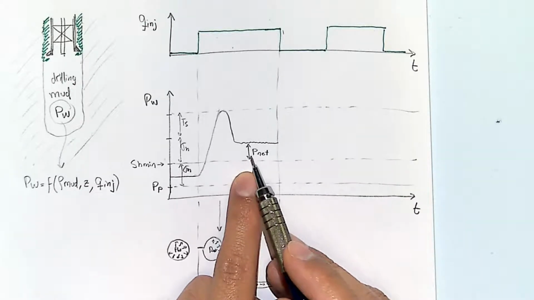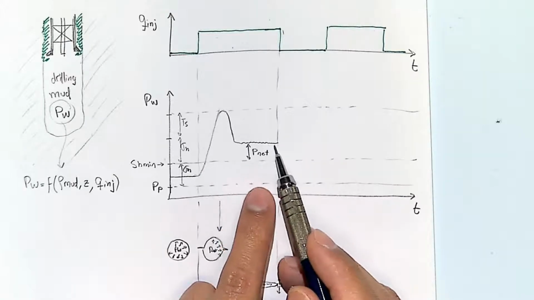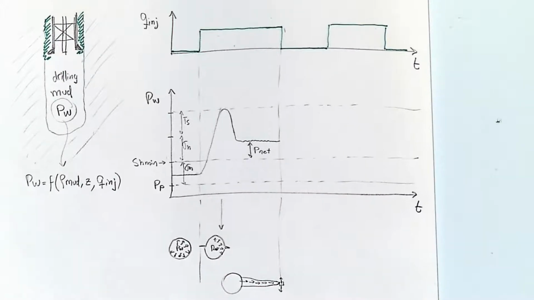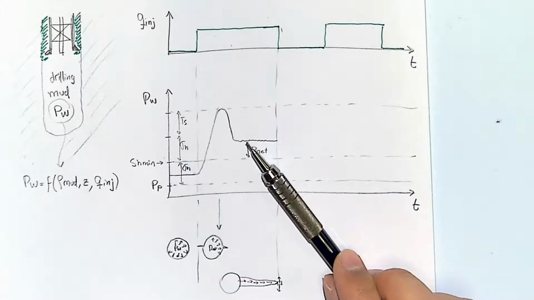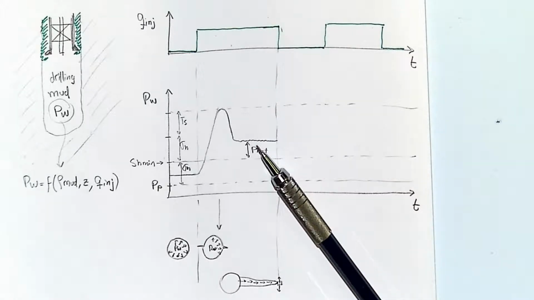Okay, so notice that now I have made this propagation pressure reach more or less a constant amount, and now it's not varying anymore. This is an assumption I'm making. As we're going to see later on, sometimes this pressure goes up, sometimes it goes down, but let's assume for the moment that it's more or less a constant pressure. And at that point, we're also assuming that the drilling mud is catching up with the velocity of fracture propagation.